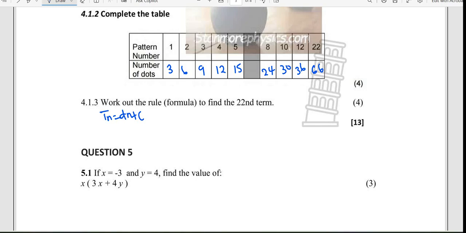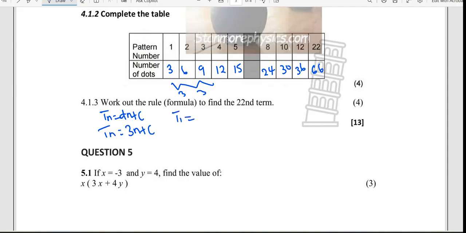So D is the common difference, and we already know that the difference here is 3. Meaning that Tn is going to be 3n plus C. And then we are going to use the T1 rule.